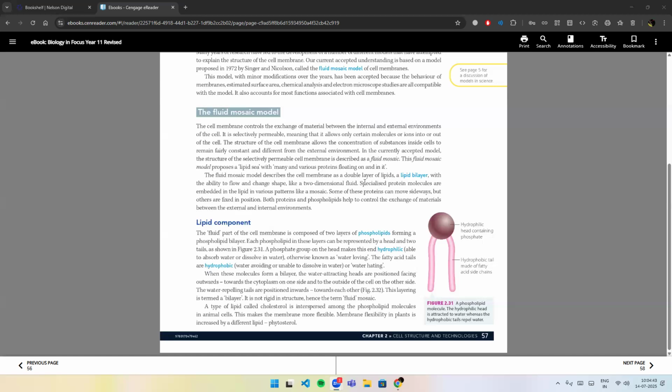A type of lipid called cholesterol is interspersed among the phospholipid molecules in animal cells. This makes the membrane more flexible. Membrane flexibility in plants is increased by a different lipid, phytosterol.